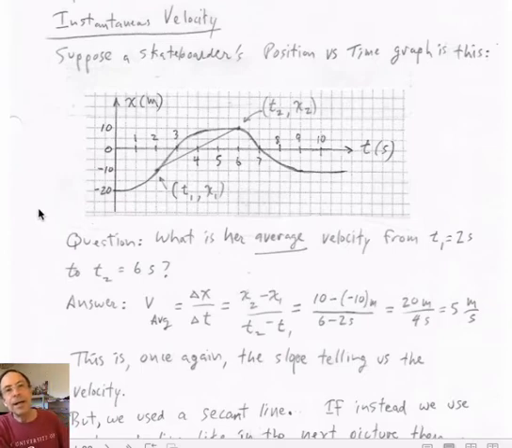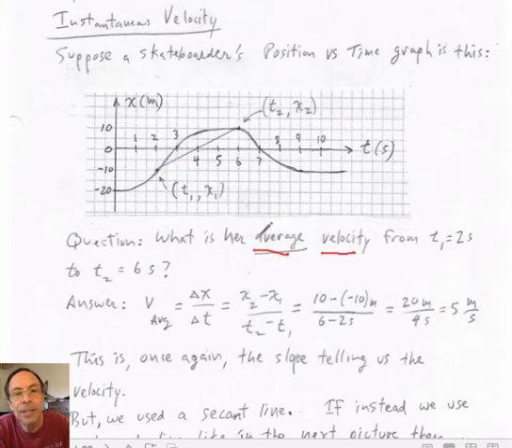So if I ask the question, what is her average velocity from 2 seconds to 6 seconds, from the previous lecture you know to figure it out, you're going to do delta x over delta t. The final position is positive 10 meters.